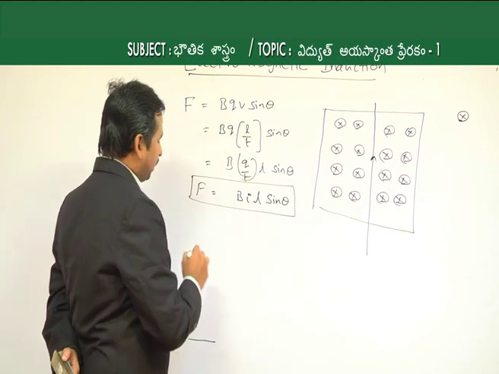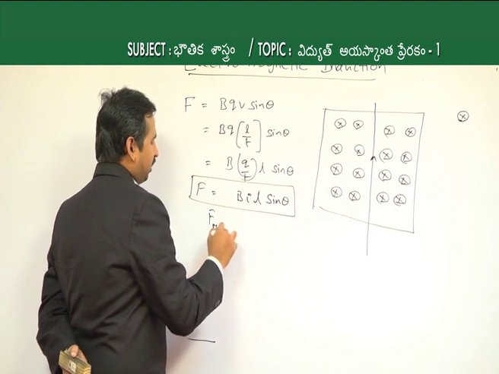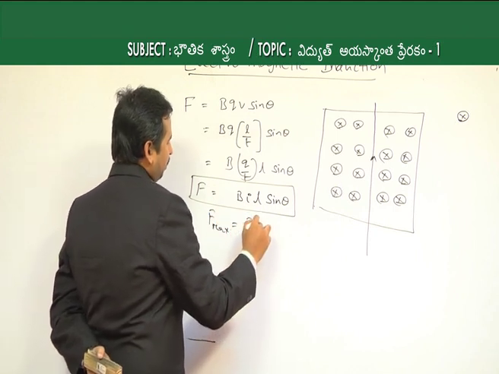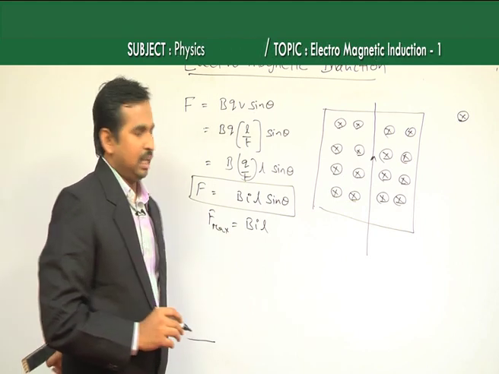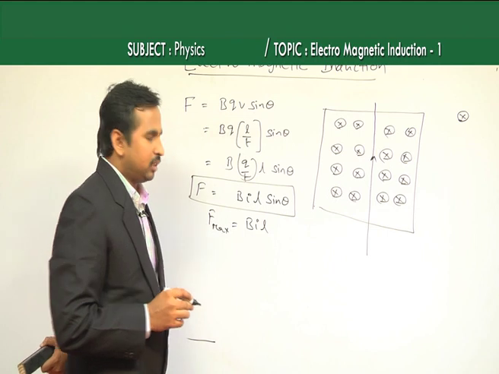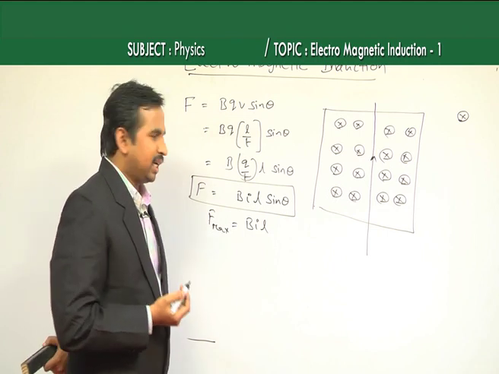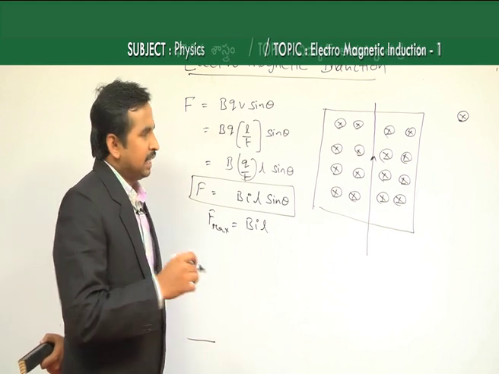Again, as it is perpendicular here, the force acting is maximum, which is F is equal to B into I into L, where B is the magnetic field strength, I is the current passing through the wire, and L is the length of the wire.